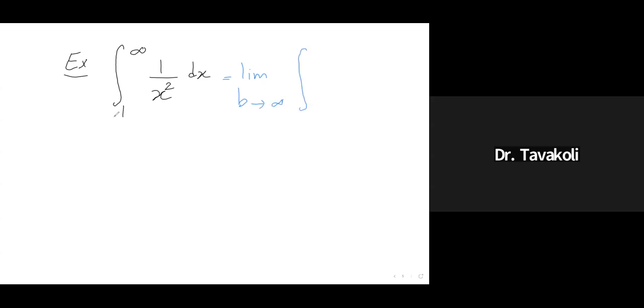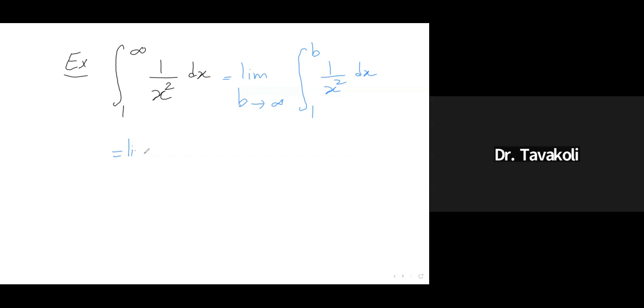In this example, a is 1, so I just write 1. But for b, I write b. And then after calculating the integral, I let b tend to infinity. So for now, forget about the limit sign and just calculate this. You will get something in terms of b because the upper limit of the integral is b. So it's natural to expect to get the value of this integral in terms of b.